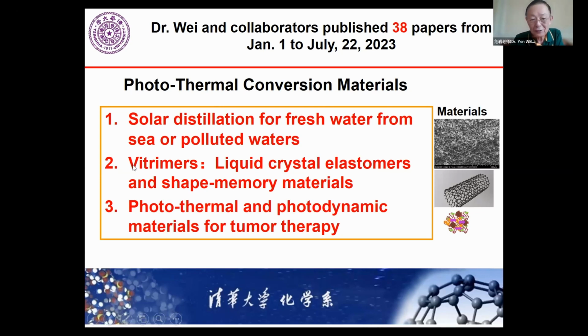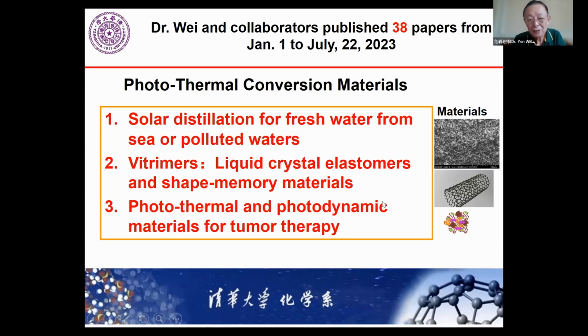The second is using carbon materials, carbon nanotubes or graphenes, as solar conversion ingredients incorporated into new materials, liquid crystal elastomers and shape memory materials. The third is photothermal and photodynamic materials for tumor therapy.